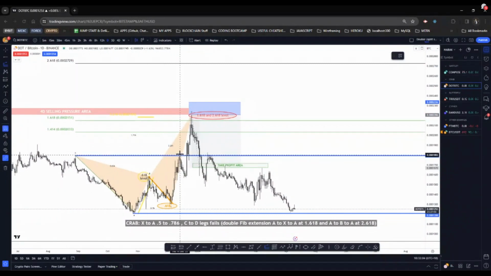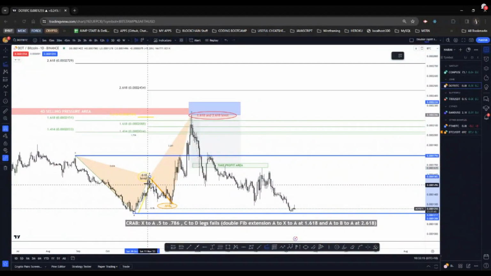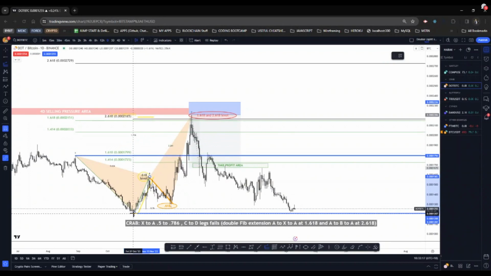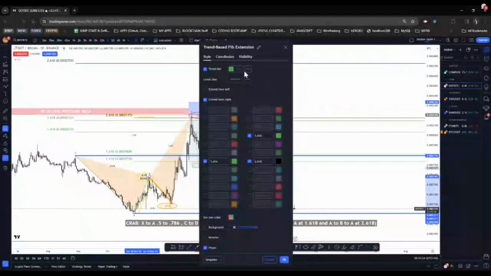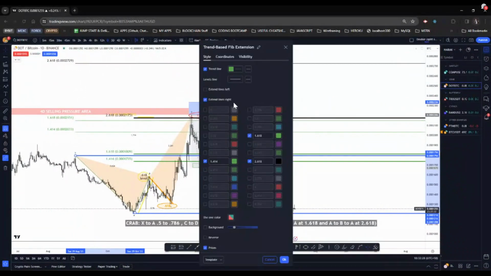When you see that it starts to play, you know it's going to be kind of a crab. You do A to B, and you come back again all the way down. And this time you're actually going to take the 2.618. So you can see them here.